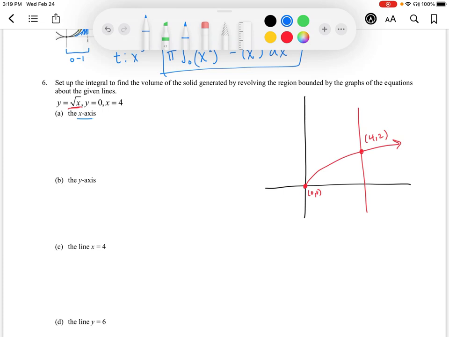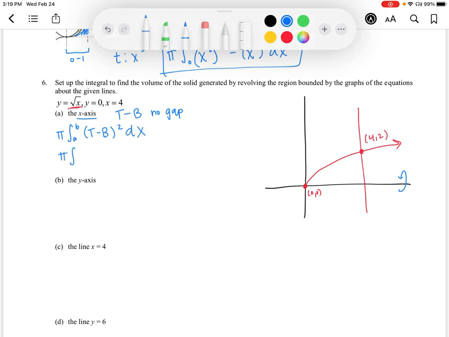And for A, we're revolving around the x-axis, so we're revolving around right here. So that's going to be a top minus bottom. And there is no gap, so we're using our disk method. So we're just going to have pi, the integral from a to b of (top minus bottom) squared dx.